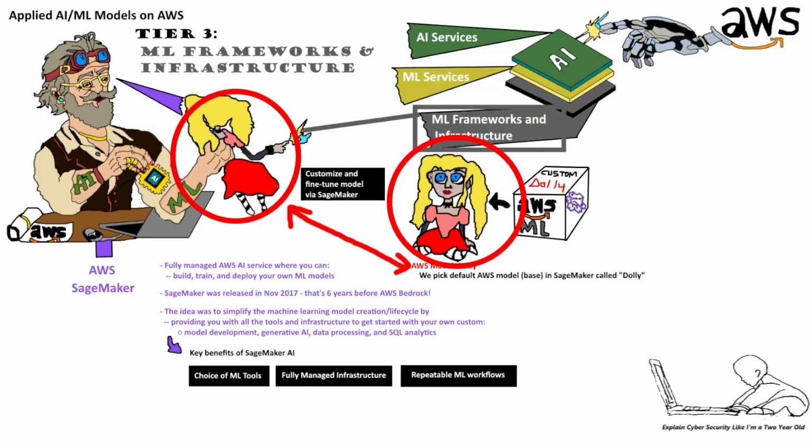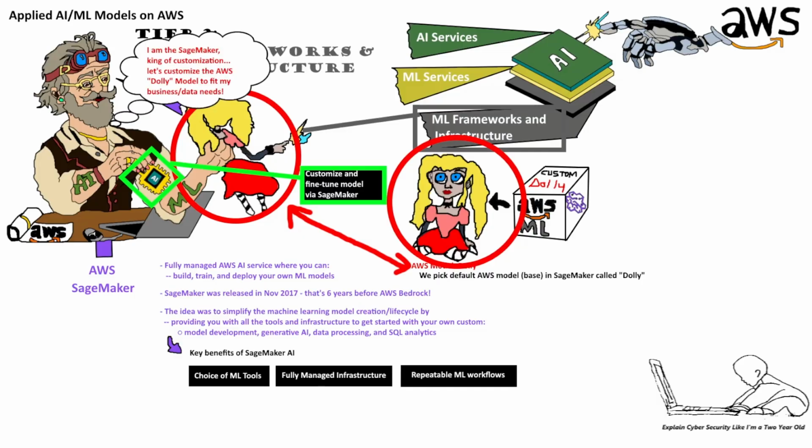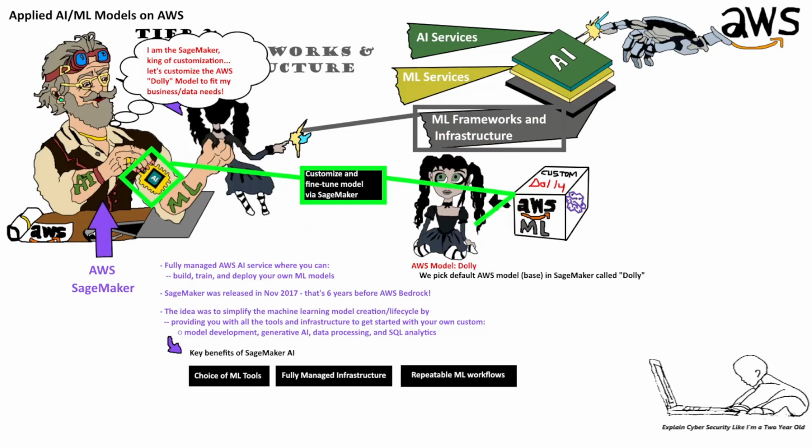It's already created, and all you have to do in SageMaker is customize and fine-tune the already created manufactured Dolly into a Dolly that you want for your own business needs. And this is the beauty of the SageMaker platform, because it allows you to import various data feeds to manipulate the model in order to create the model of your dreams, or should I say the Dolly of the SageMaker's dreams.